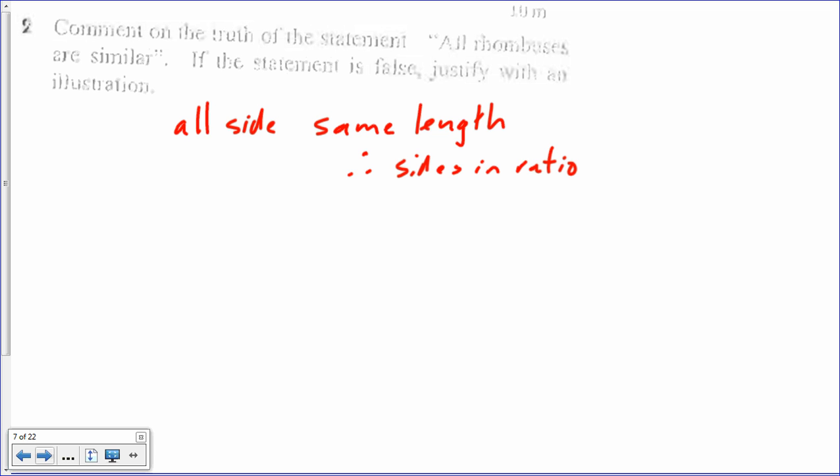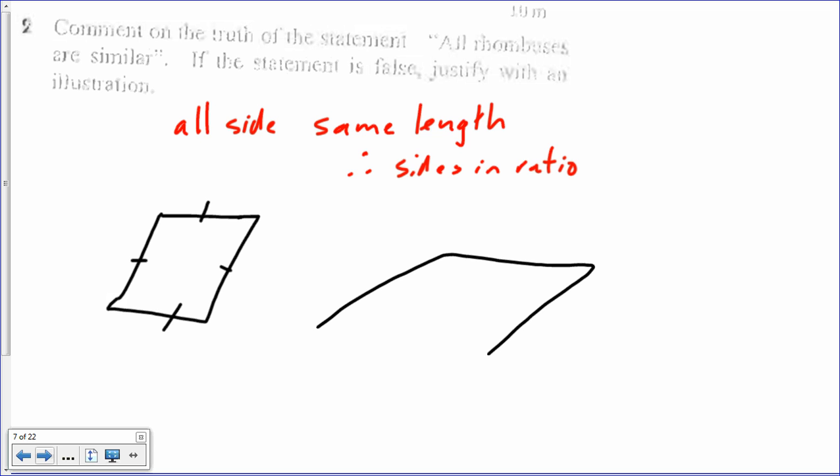So we know the sides. So let's have a look at the angles. So if I draw a rhombus like that, all my sides here, same length. And I draw a rhombus like that. So all my sides here are the same length. Angle alpha here, alpha 1, and this will be alpha 2.